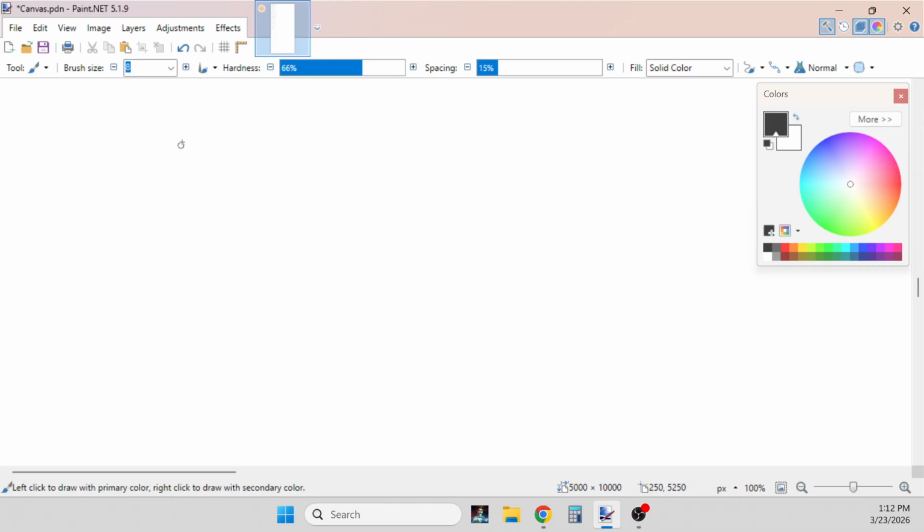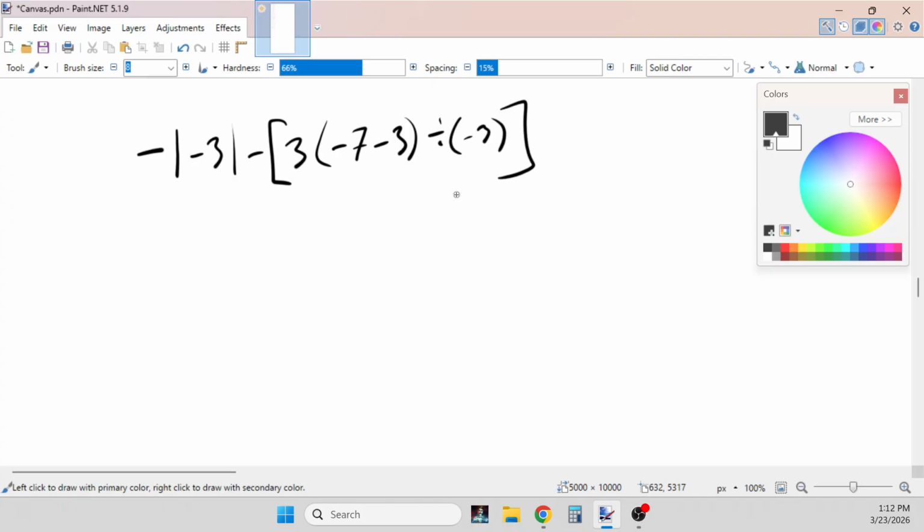We should remember order of operations. So if we have something like that, this is in parentheses because absolute value bars count as parentheses.